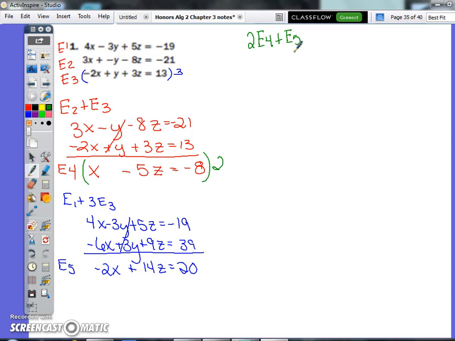It's just a step. So we're going to say 2x minus 10z equals a negative 16. So I double check: 2x minus 10z equals negative 16. This will be negative 2x plus 14z equals 20.